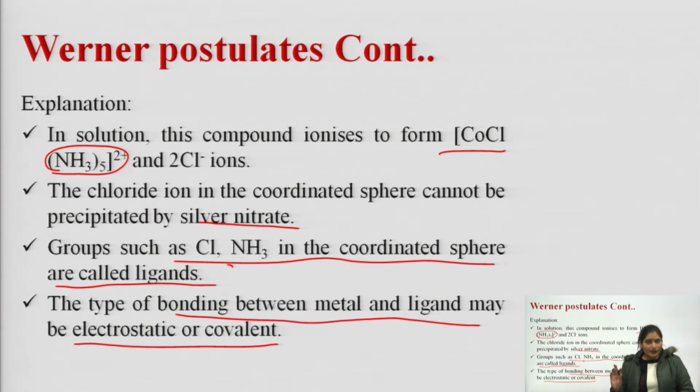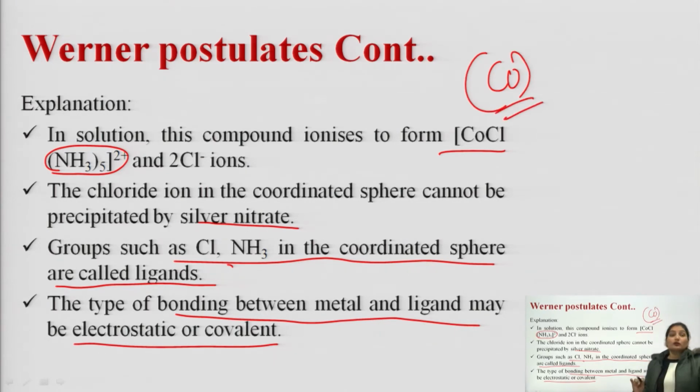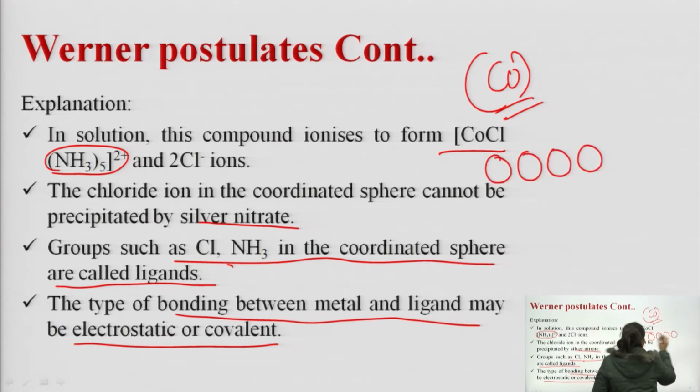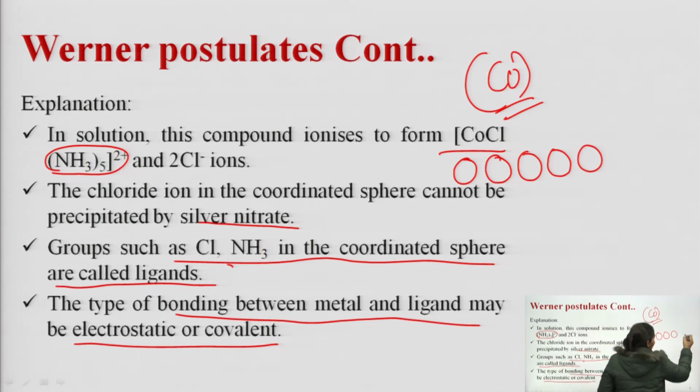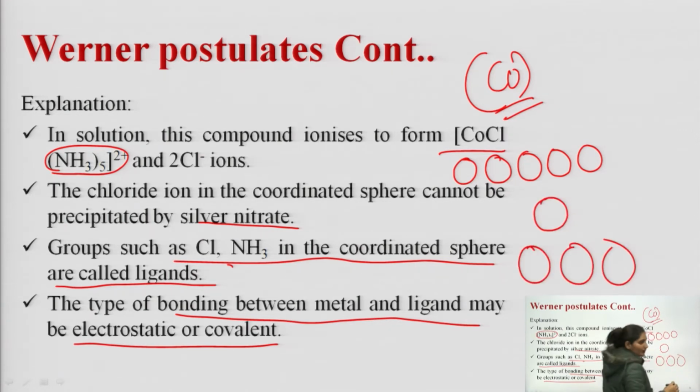See, when we are studying the hybridization, in that case the cobalt has d, s and p orbitals.